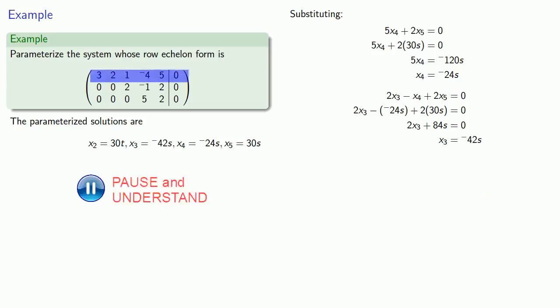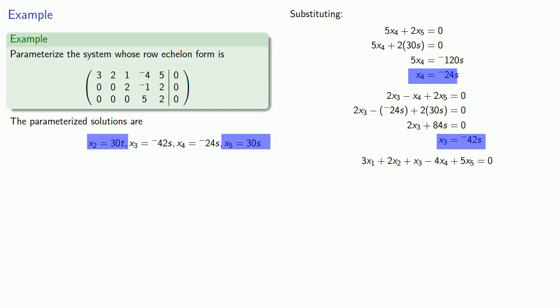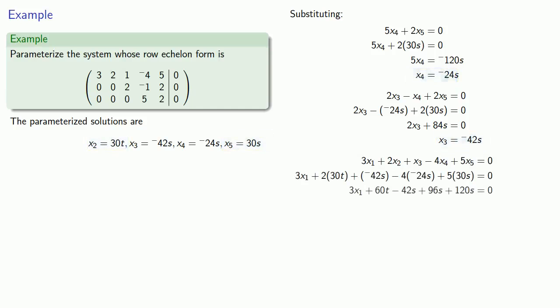The first row gives me the equation 3x1 plus 2x2 plus x3 minus 4x4 plus 5x5 equals 0. Substituting in these values, I get my value for x1.